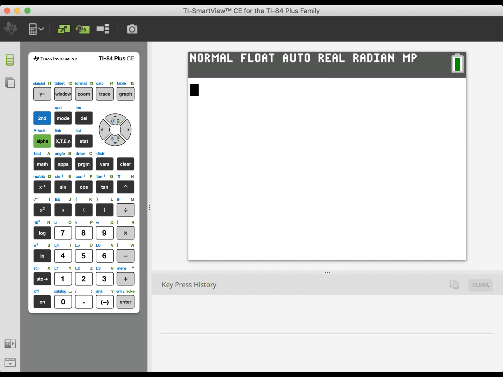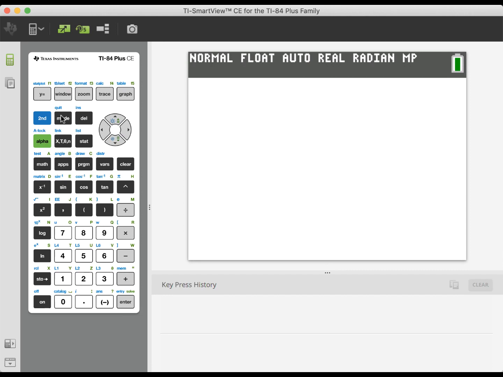Okay, so here's the calculator. Now, what I'm going to be doing for these videos is I'm going to be using the TI-84 emulator that you can actually download yourself from Texas Instruments, and you should look in Blackboard for the link to do so. Now, for the purposes of this course, I'll be using the TI-84 Plus CE. I will show you a couple of different ways of doing things sometimes, depending on what kind of calculator y'all may have.